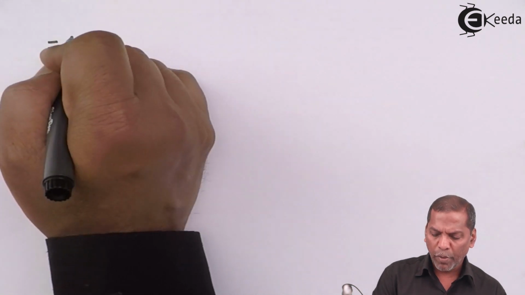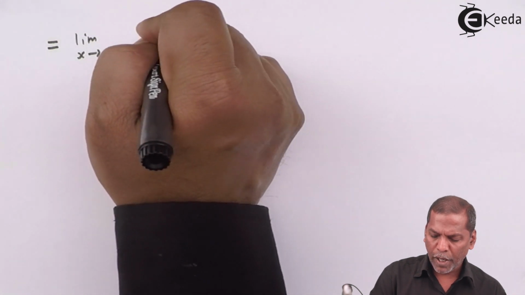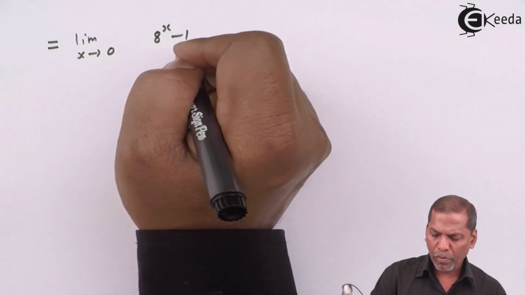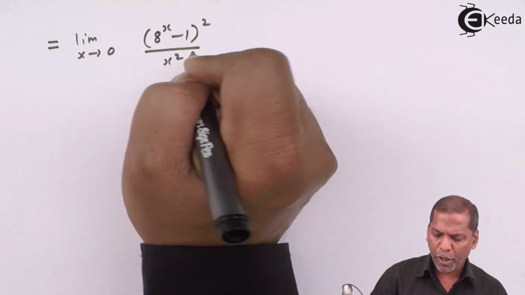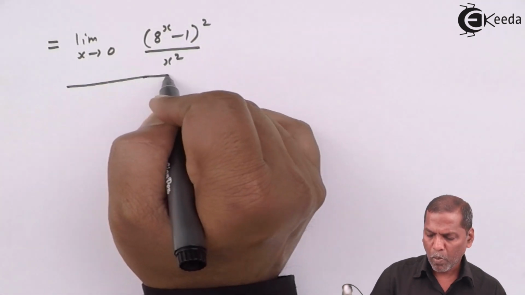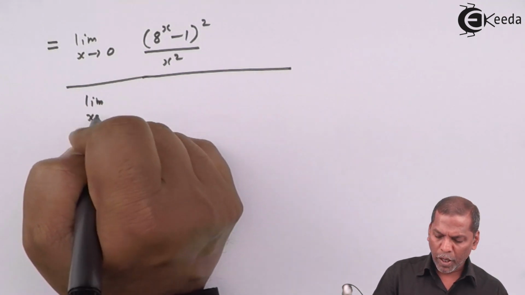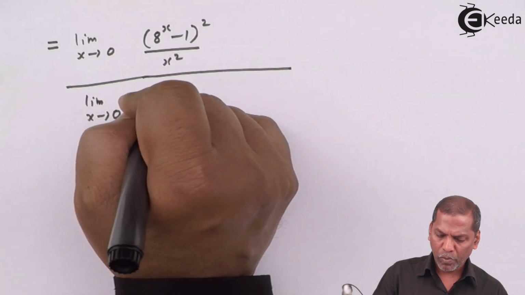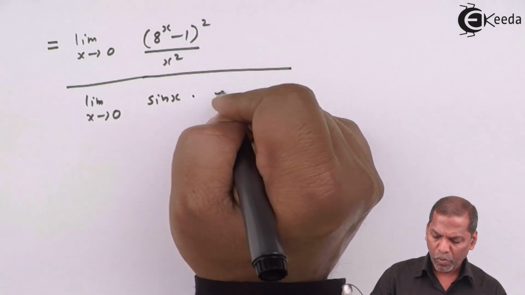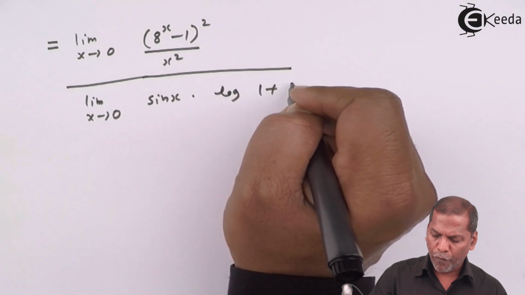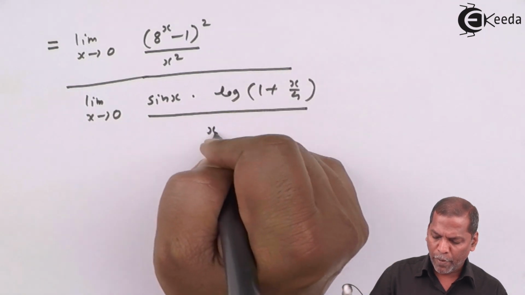So it is equal to limit x tends to 0 of (8 raised to x minus 1) whole square upon x square, upon limit x tends to 0 of sin x into log of 1 plus x by 4, whole thing divided by x square.